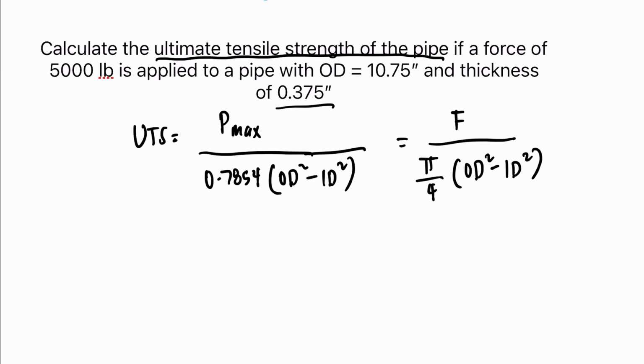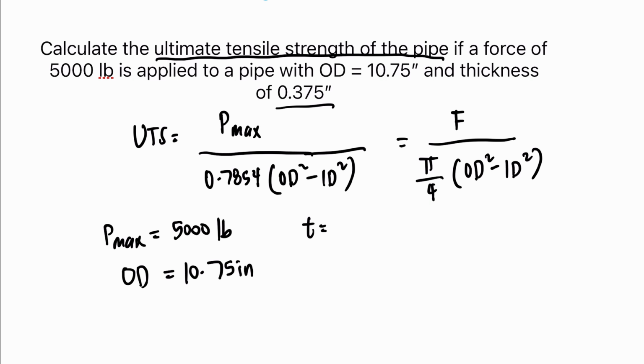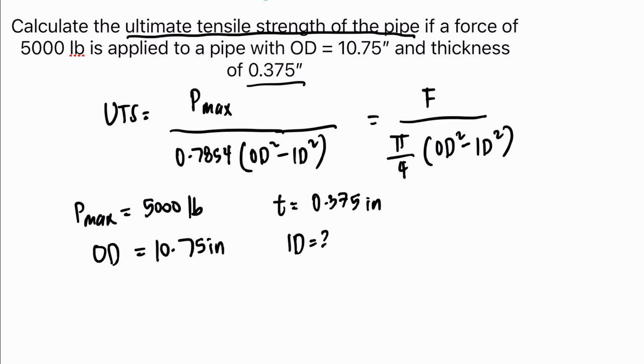So the given here is the maximum force Pmax, which is 5,000 pounds. The OD is 10.75 inches and the pipe thickness is 0.375 inch. So how will we get the internal diameter first, because we don't have the internal diameter? Drawing the cross section of the pipe, we have the OD here and the ID here.